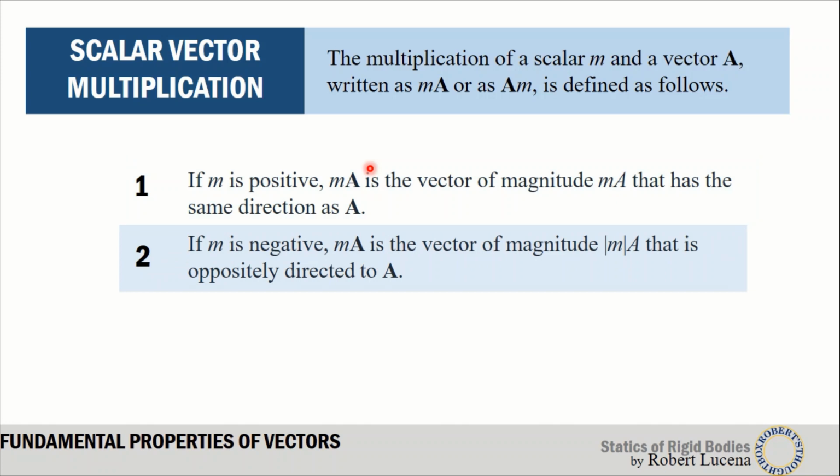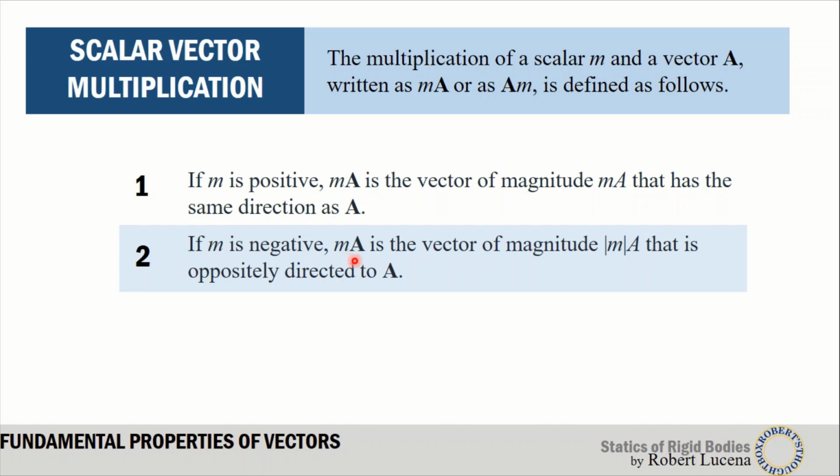However, if you multiply a magnitude m that is negative to a vector A, then the sign of mA would be the opposite of vector A, because if you multiply a number to a negative value, you would have its opposite sign.